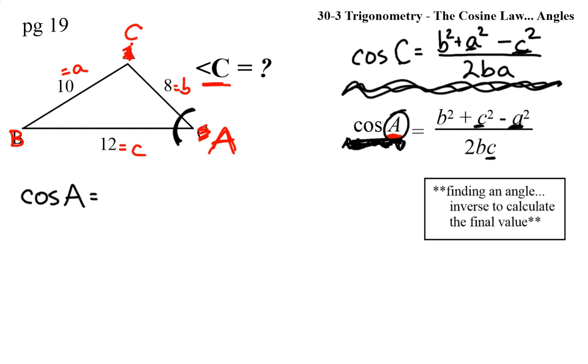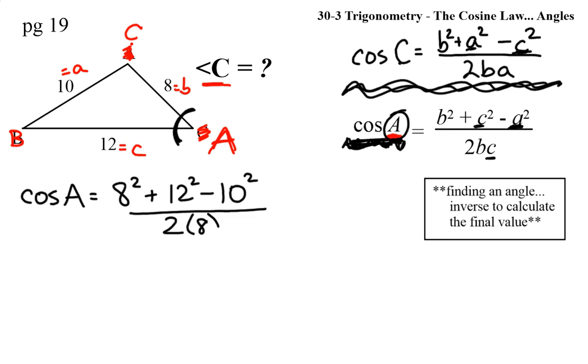So cosine of A equals B squared plus C squared minus A squared over 2 times B times C. There's our formula. Trying to calculate angle A, which is our angle C initially, and now we can solve. Cosine of A, 8 squared plus 12 squared minus 10 squared.